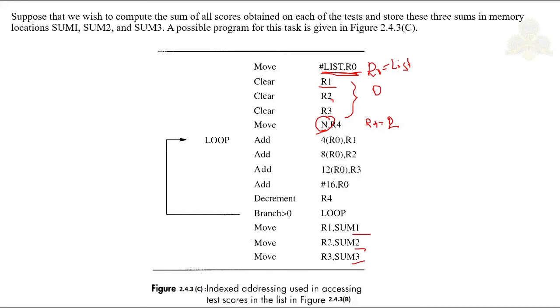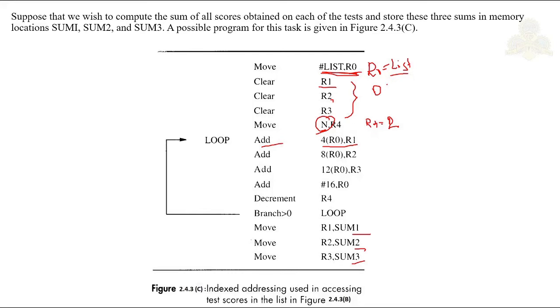Next, we have the instruction add 4 in brackets R0 comma R1. What does this mean? This is an index mode, right? First, what is the content of R0? The content of R0 is list, which is a memory location. You have to add 4 to this one.